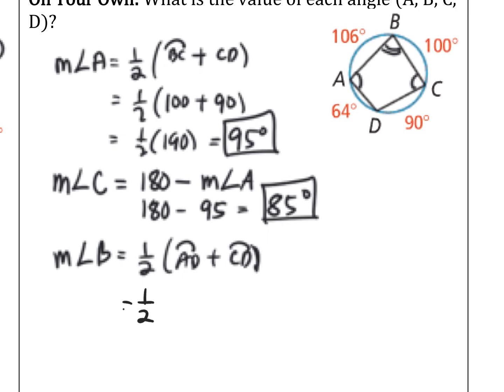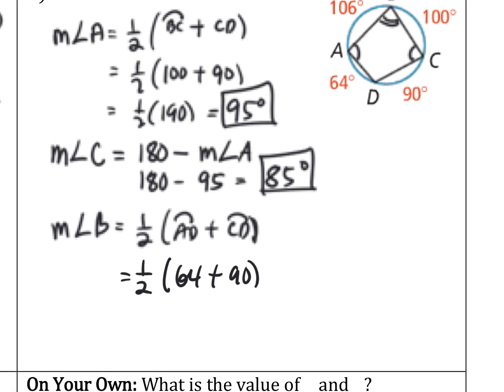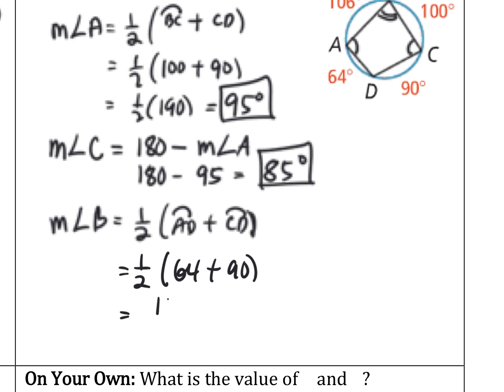That's going to be 1/2 of 64 plus 90. Okay, 64 plus 90 is going to give you 154. So that's going to give you 154 divided by 2. If you divide that by 2, that's going to give you 77 degrees.